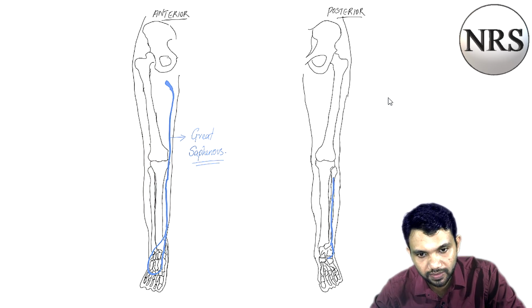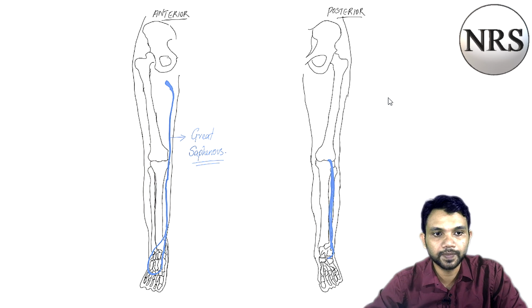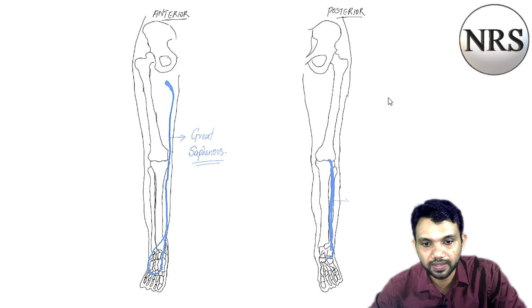In the popliteal fossa it will join with one vein called the popliteal vein. This is the deep vein, the popliteal vein, and the small saphenous vein joins the popliteal vein.